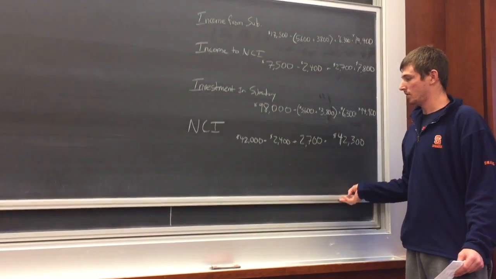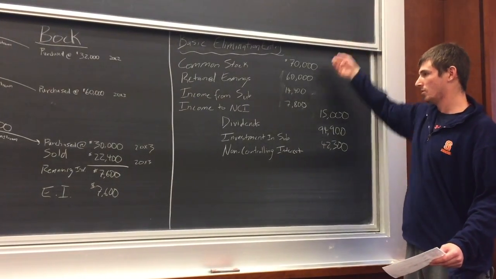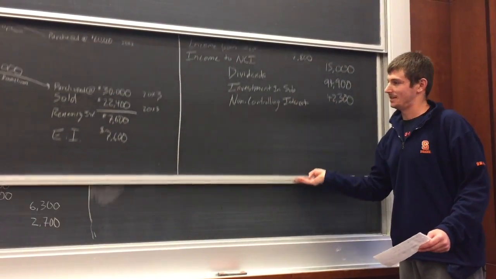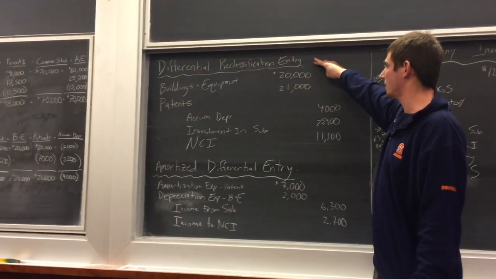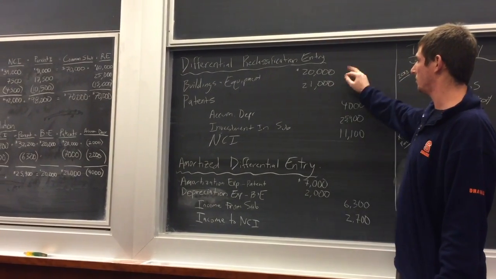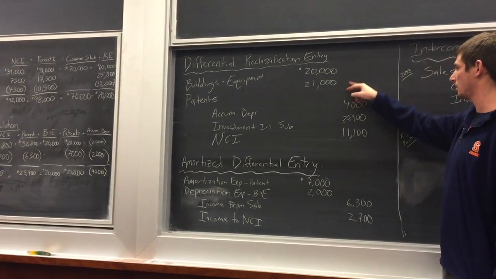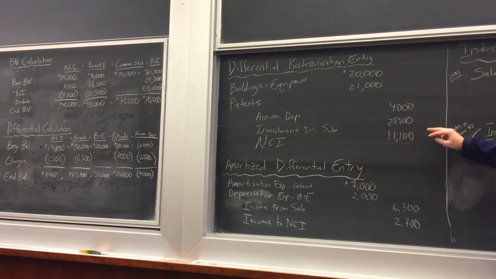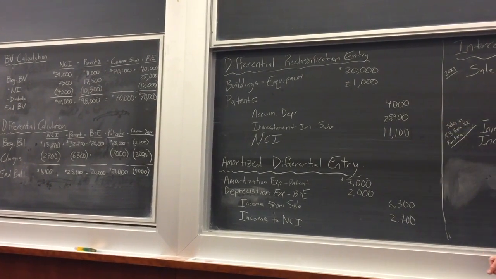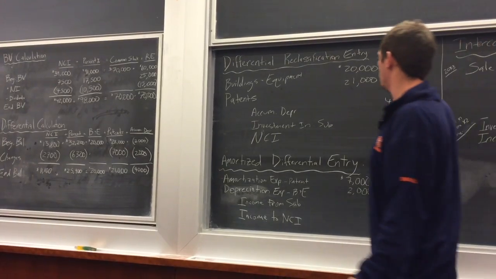And then after we did those entries, we did the differential reclassification entry, where we debited buildings and equipment, patents, credited accumulated depreciation, investment in subsidiary, and the NCI. The buildings and equipment are depreciated.